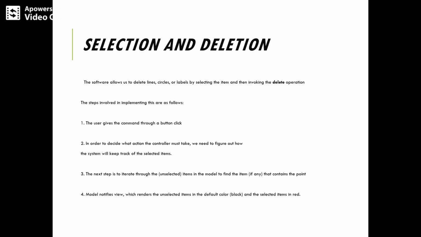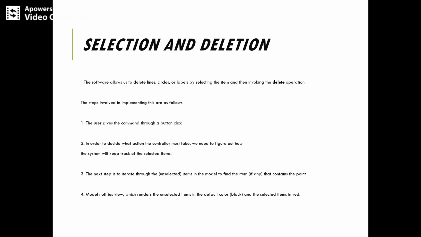So it would be appropriate for the model to have a mechanism, a flag, for the selected items. This can be done by having a tag field for each item, or simply by moving the selected item to a separate container. We shall use the latter.